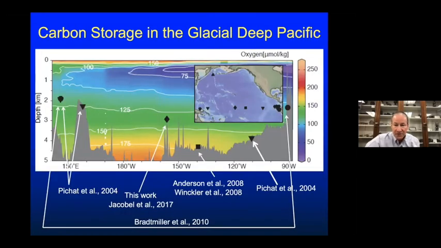But let's turn back to the glacial ocean and look at this indicator of what goes on in the deep ocean. This is a section across the Pacific Ocean in a figure from Alison Jacobel, a former student of mine who Mike also will remember.